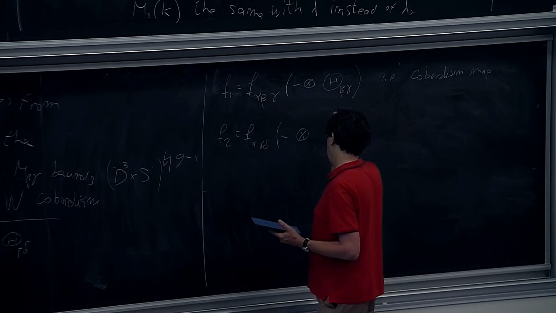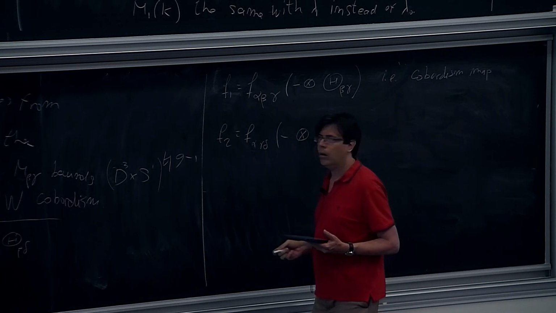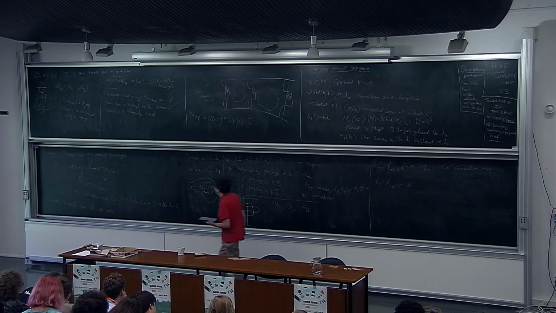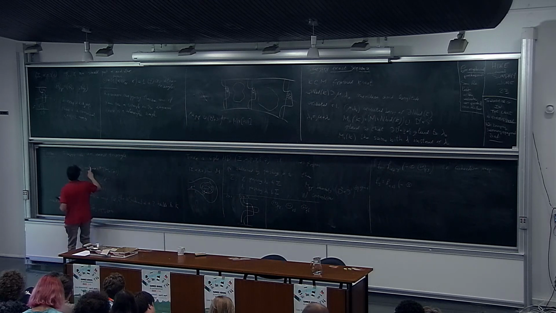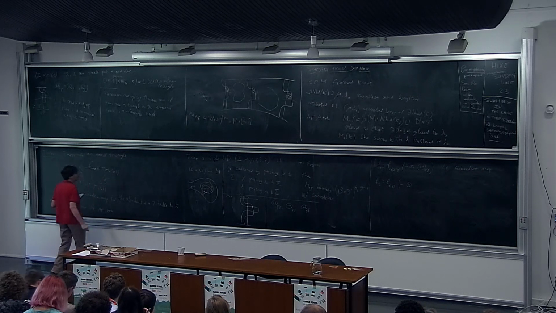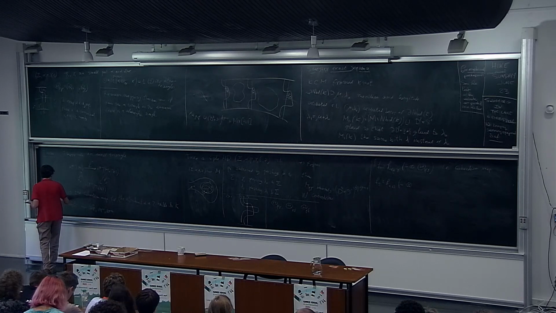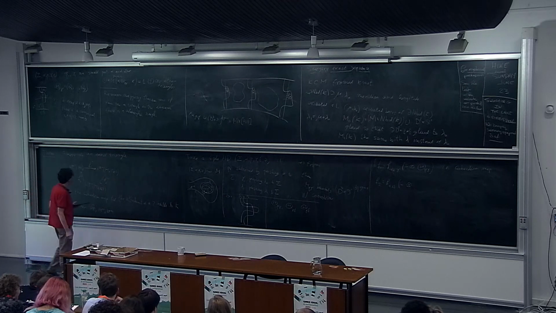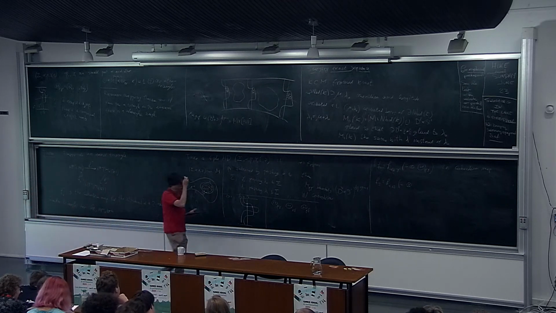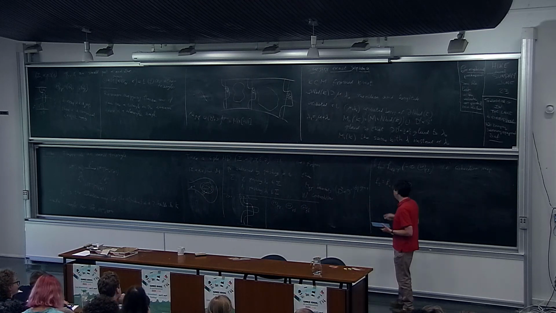Because the labeling is wrong. Anyway, F2 is also a cobordism map, but for a cobordism we don't care about.